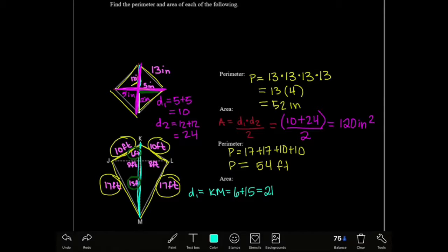which is 21. Okay? And then our second diagonal, I'll mark in red here, that's going to be JL, which is 9 plus 8. So 9 plus 8 gives us 17. Okay, so we put that into our formula and we have area equals D1 times D2 divided by 2.